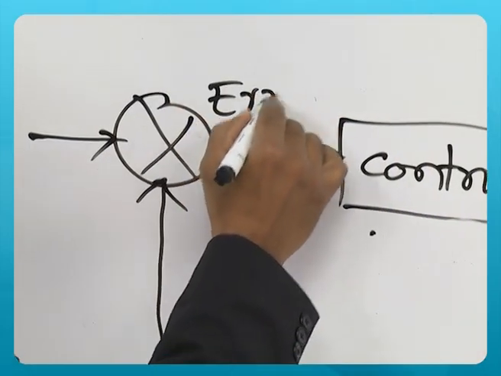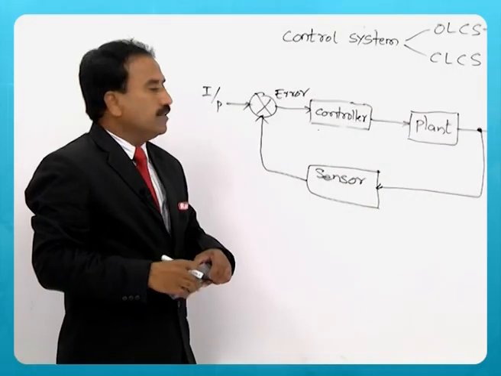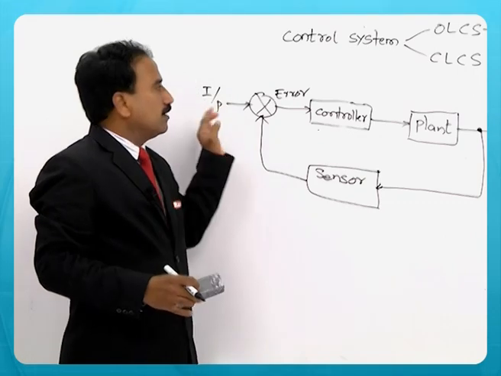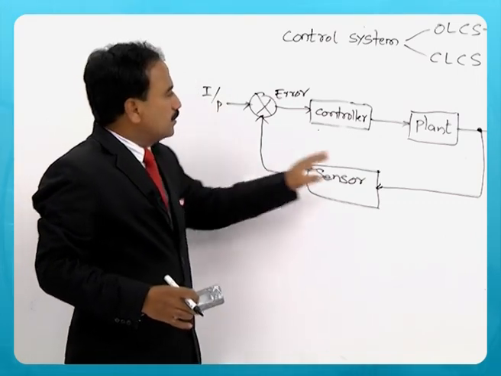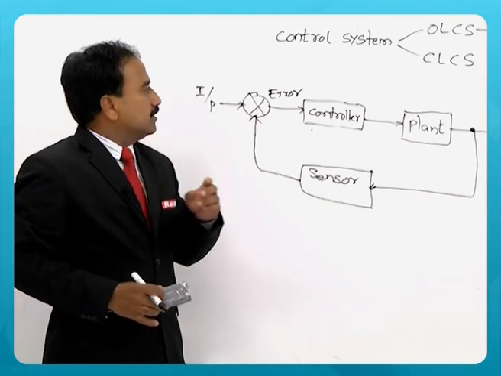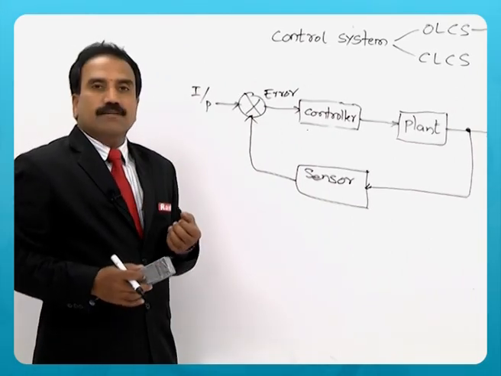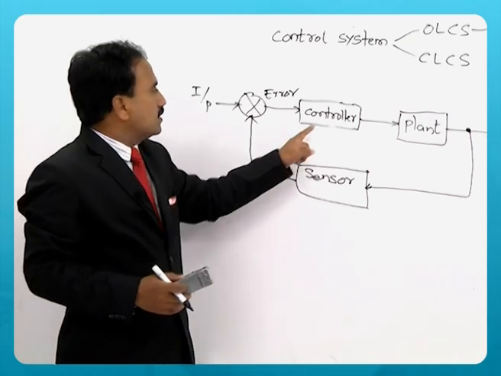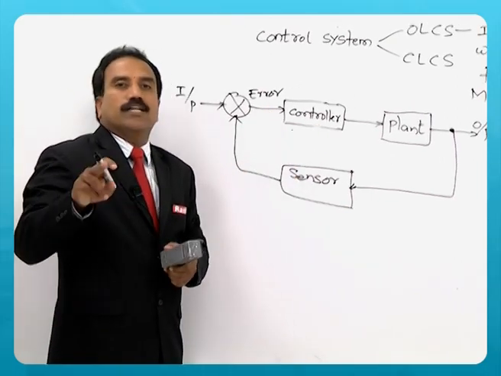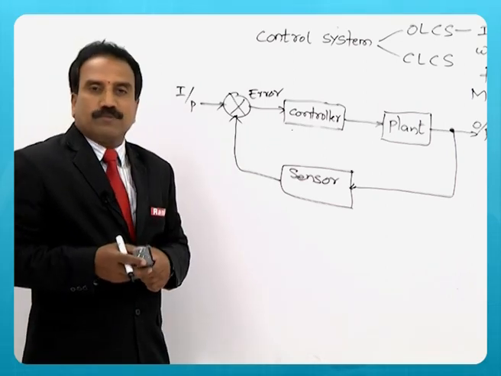There will be an error, and then the action of the controller depends not only on the desired but also on the actual output. The difference between actual and desired is the error, and the controller action depends on that error, so that you can expect the desired output.